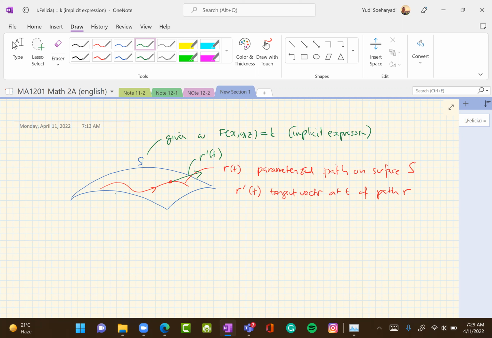If you do these computations, so now x of t, y of t, z of t, this is f along the path or curve r.